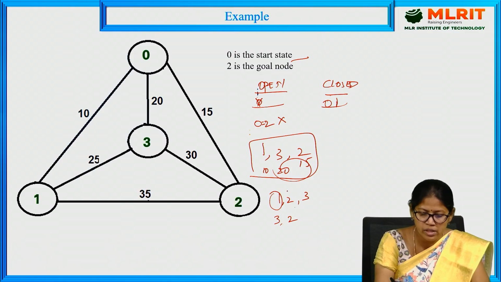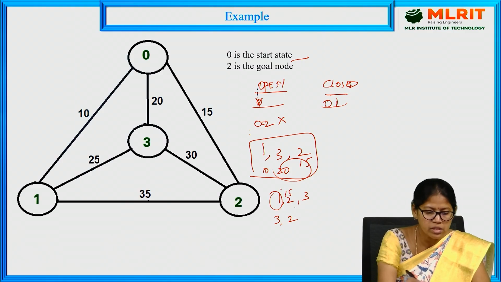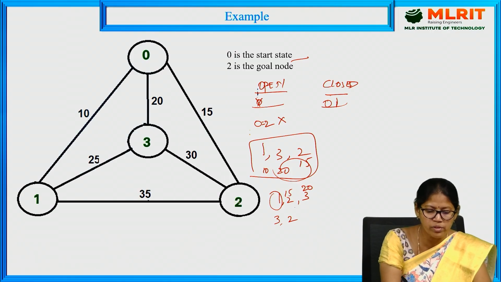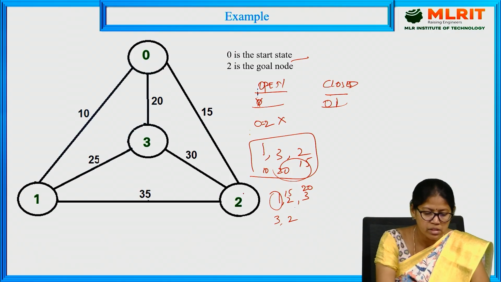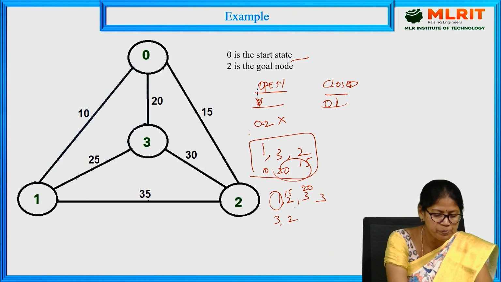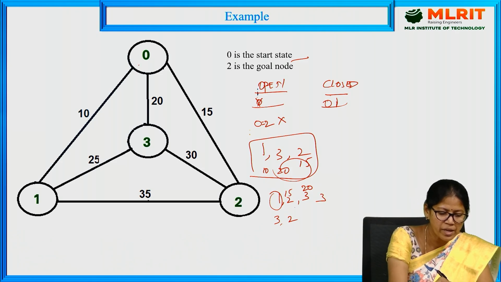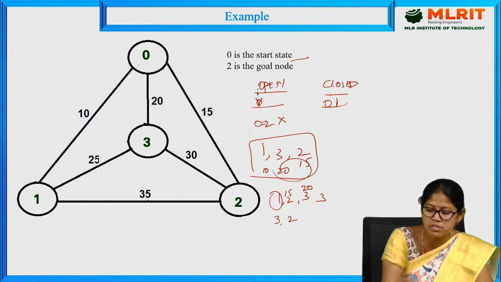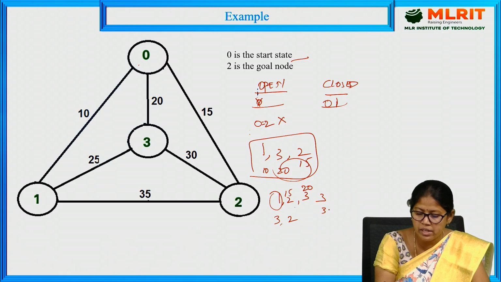The 2 has 15, 3 has 20. Now again 3 and 2 will be added. The 3 value is 10 plus 25. It will carry the cumulative value 0 to 1, 1 to 3. So 10 plus 25 is 35.